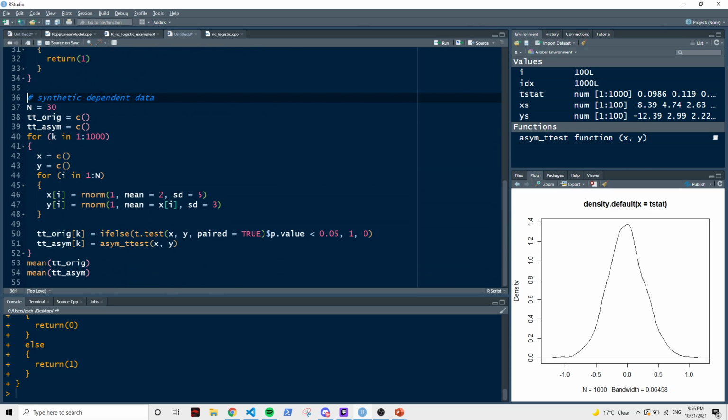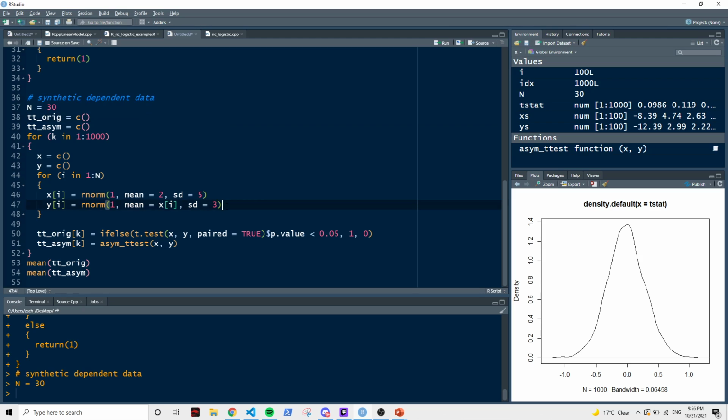And so here, like before, I'll start off with 30 samples. And then I'm generating that exact same data that we were just looking at. And then I'm doing a paired t-test, which is in the stats package. So this is like the quote-unquote official t-test.